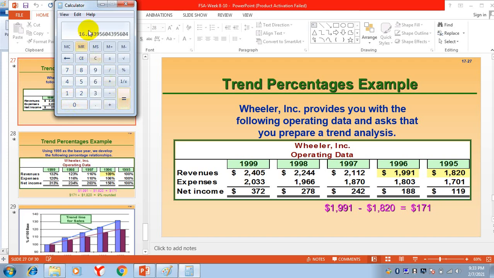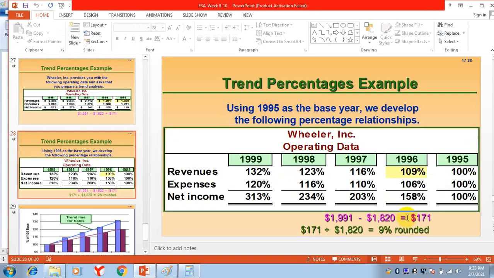So see, 16% is the change. So from 100 it becomes 116.